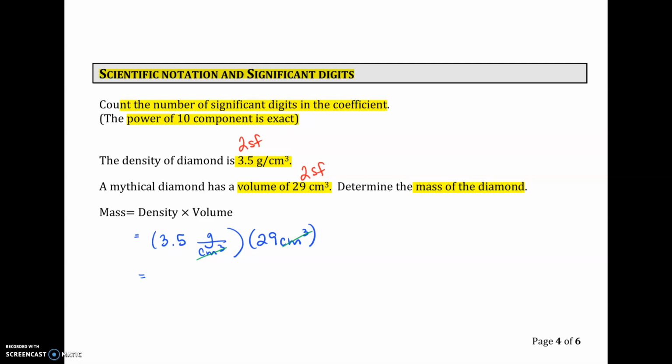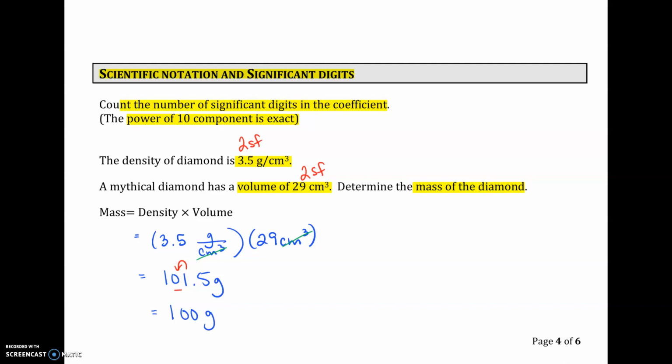So when I work this out in my calculator, I get 101.5 grams. Now I only want 2 significant figures in my final answer. So I will look at the second significant figure and then look to the right of it. The 1 does not bump the 0, but I know this answer is in the hundreds, so I need 100 grams as my answer. And I could also put this into scientific notation.